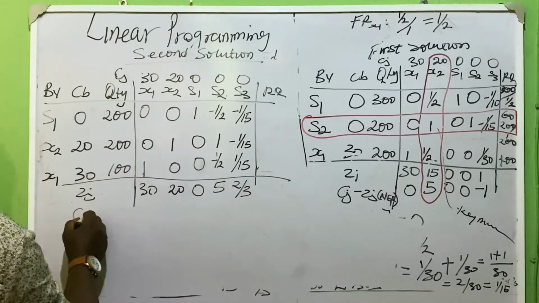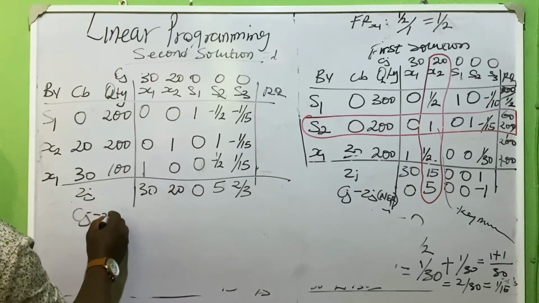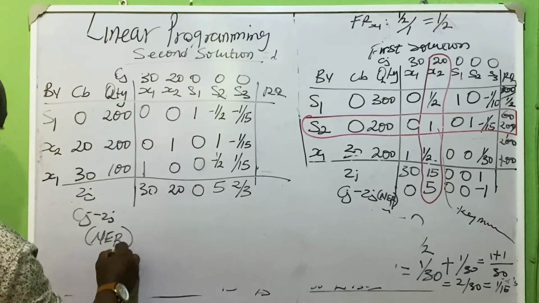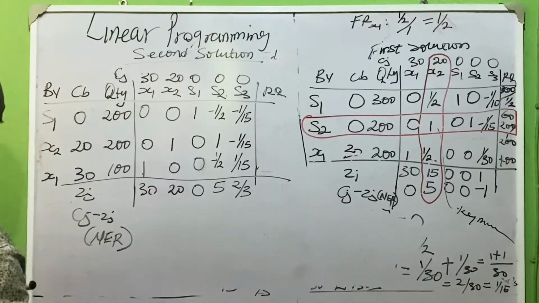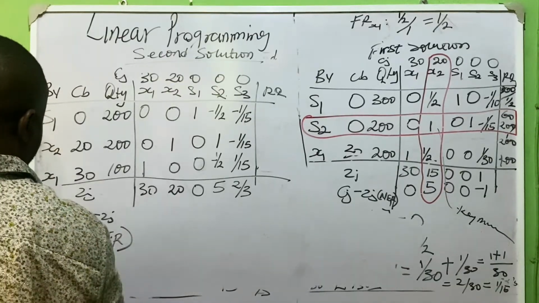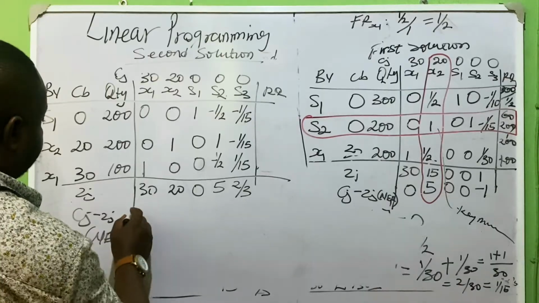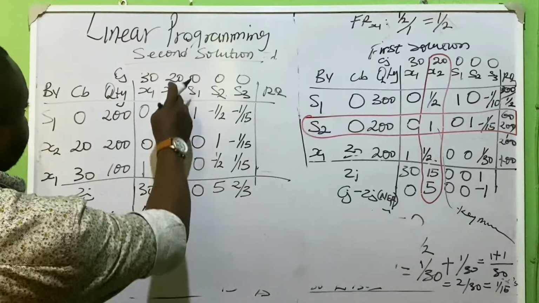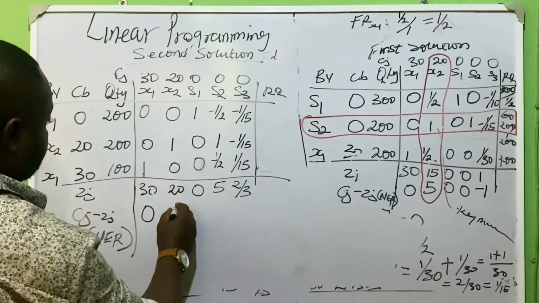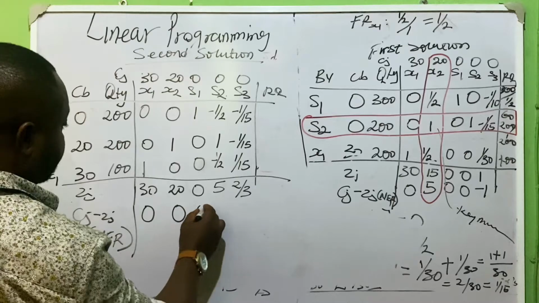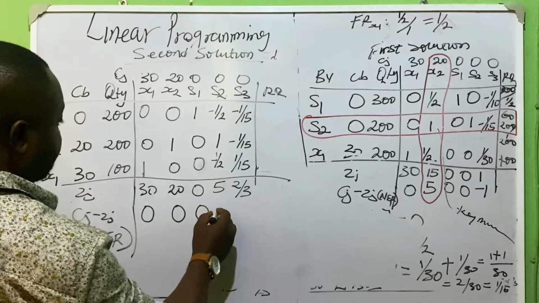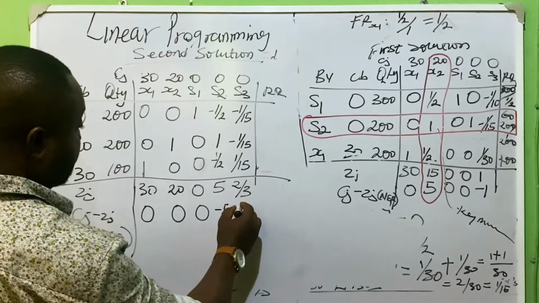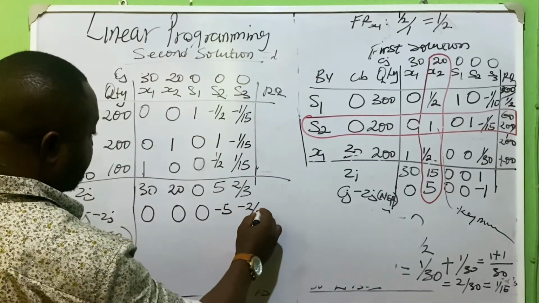So our Cj minus Zj, known as our net evaluation row, will be 30 for x1, 30 minus 30 we have 0. 20 minus 20, 0. 0 minus itself, 0. 0 minus 5, minus 5. 0 minus 2 over 3, we have negative 2 over 3.